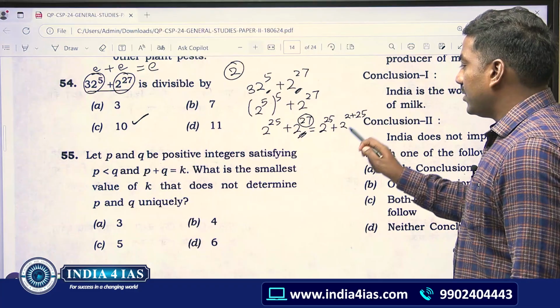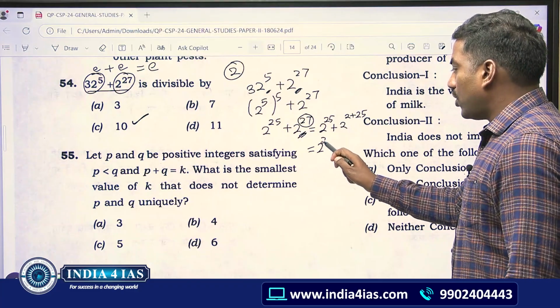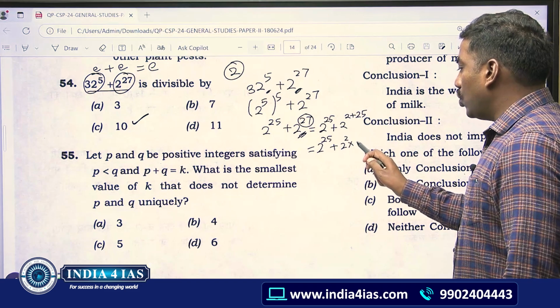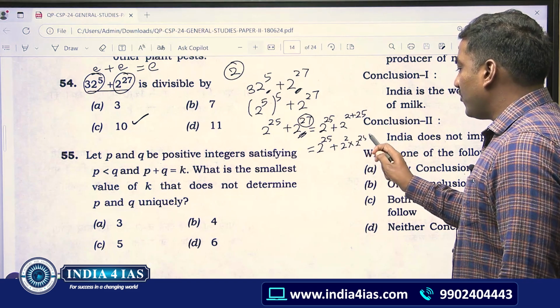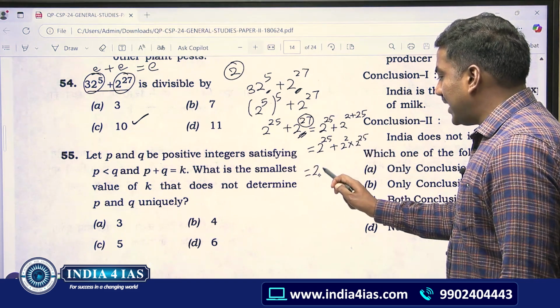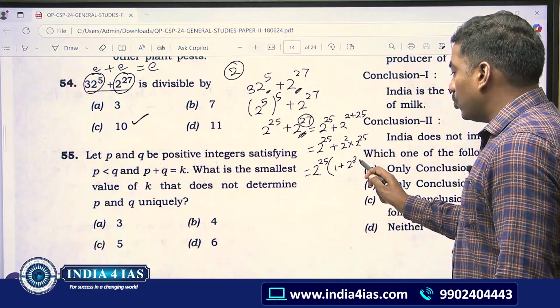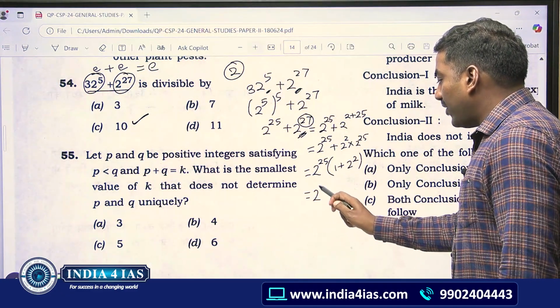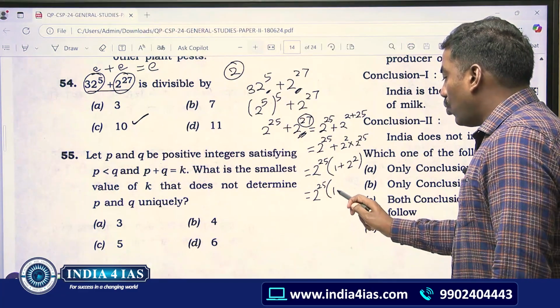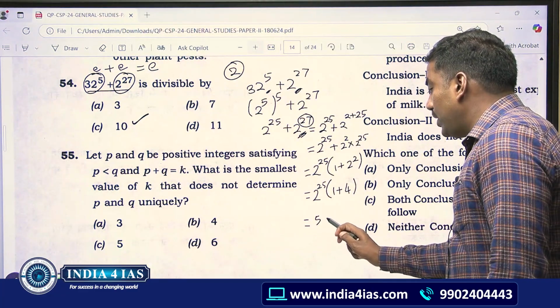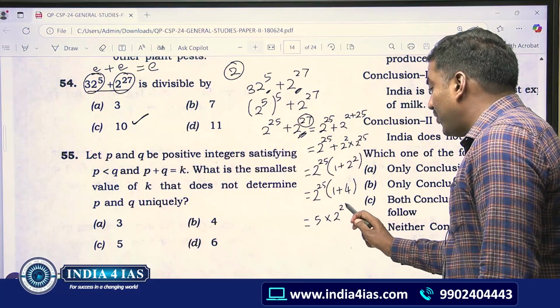So this is 2 to the power of 25 plus 2 to the power of 2 into 2 to the power of 25. If I take 2 to the power of 25 outside as common, then it is 1 plus 2 to the power of 2, that is 1 plus 4. So this is nothing but 5 into 2 to the power of 25.